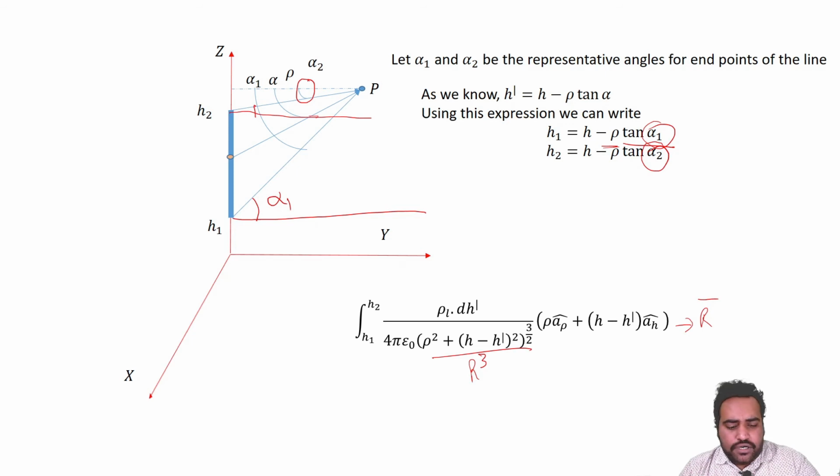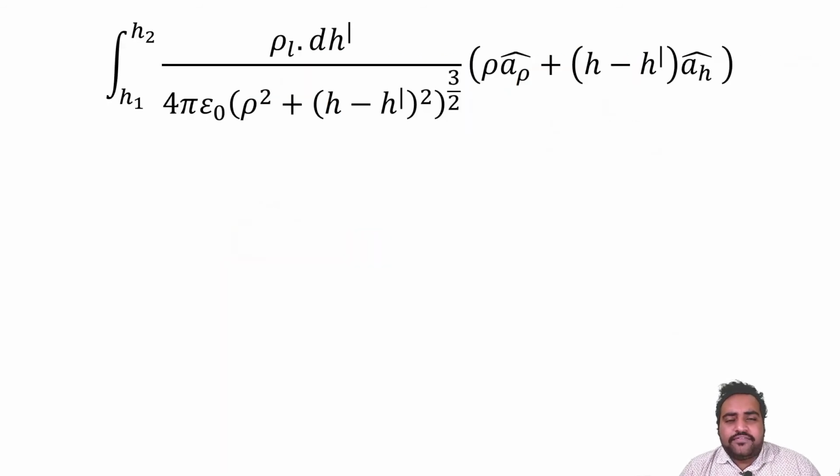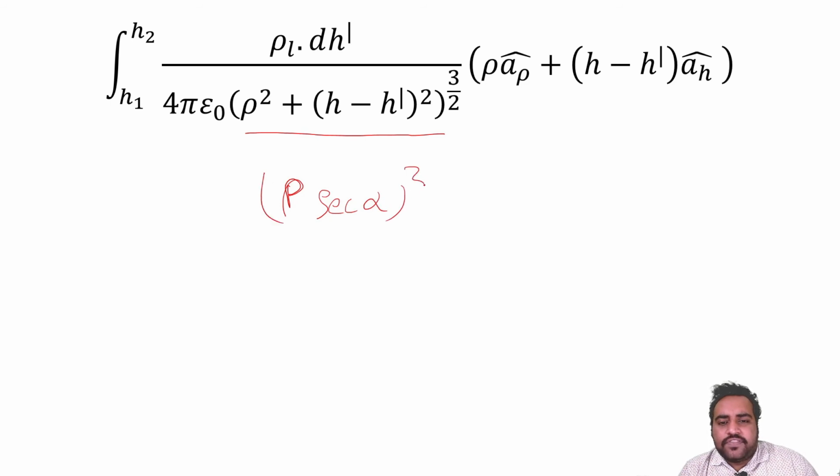Now, as I told you, my interest is to transform this into a much simpler problem. Now, I have already shown you that this entire expression can be written as rho secant alpha to the power of 3, because this is nothing but R cube, where R equals rho secant alpha.